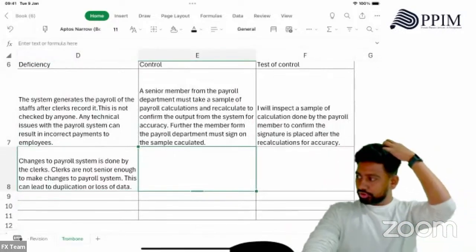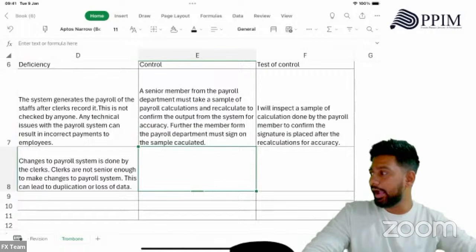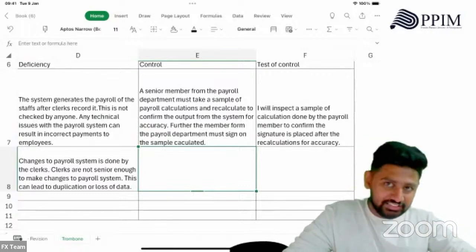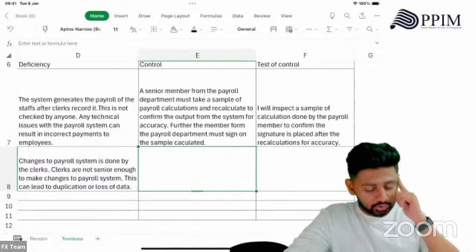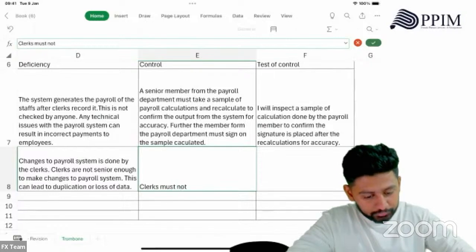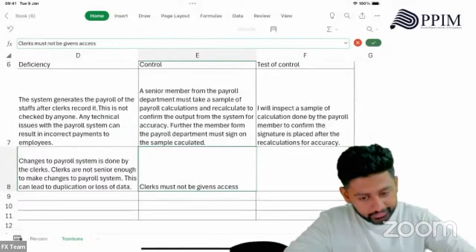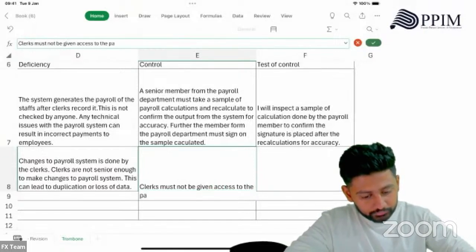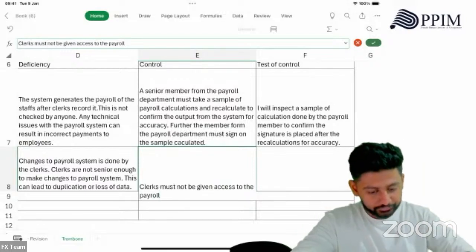Now, first and foremost, clerks at a junior level cannot be given access to the payroll data. So you need to keep that in mind. Very important, clerks must not be given access to the payroll system.